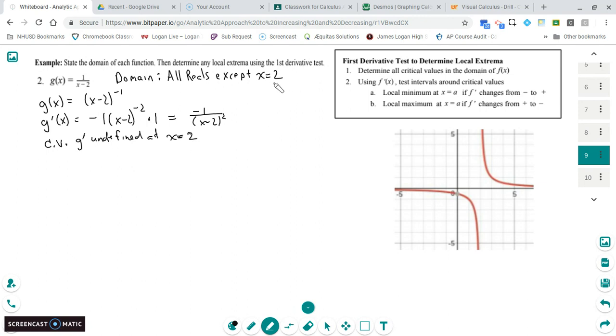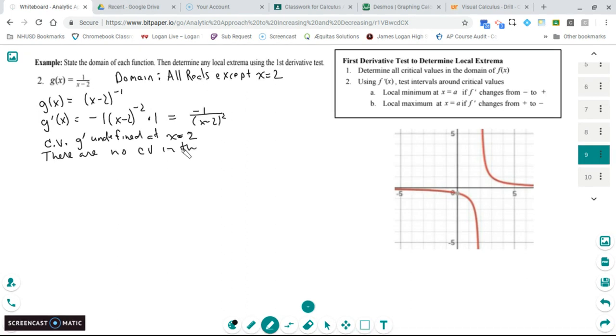But in this case, that's also a vertical asymptote of the function, and therefore it can't be an extrema. So we have to exclude this. And so that means that there are no critical values in the domain of g of x. And so what does that mean? That means there can be no extrema.